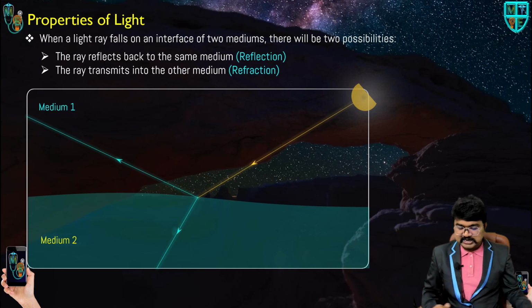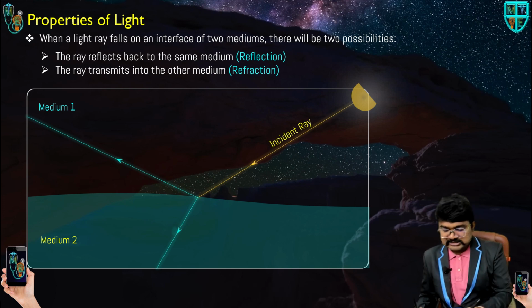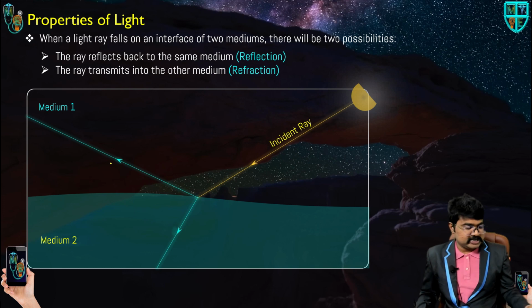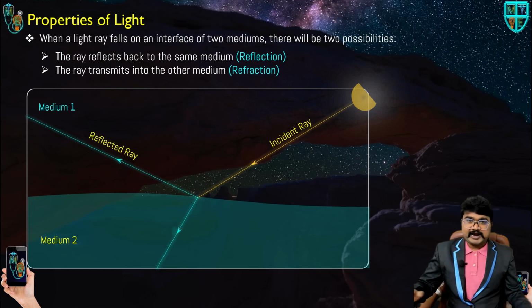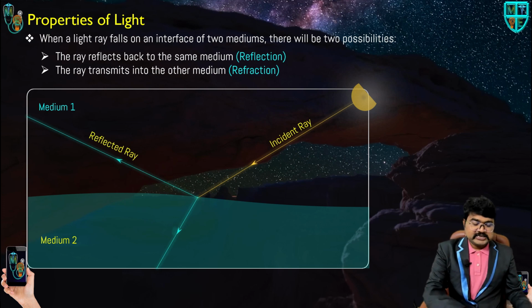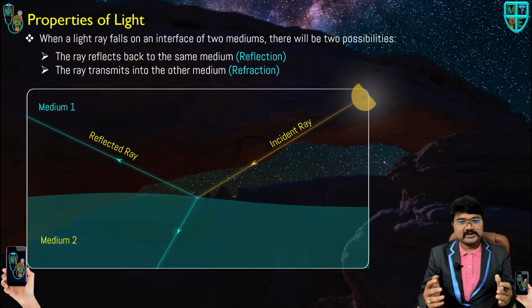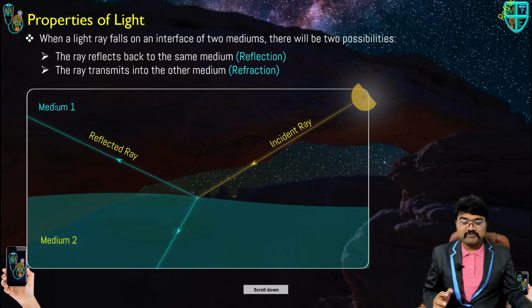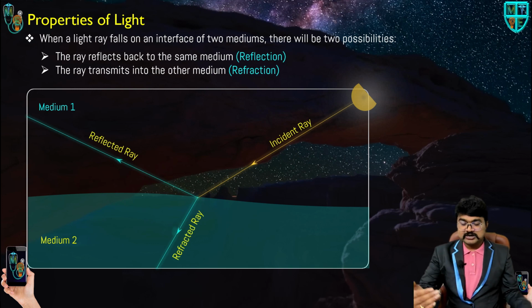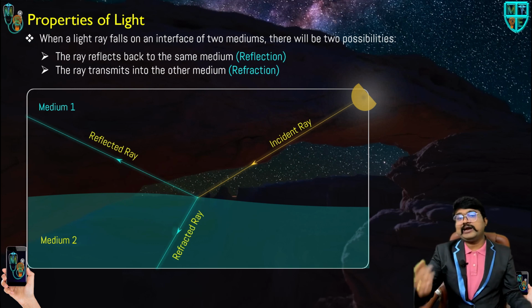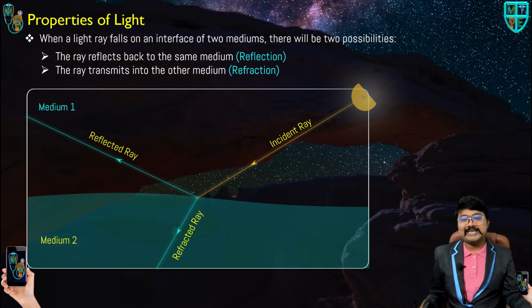Okay? So this particular incident ray, the reflected ray is back in the same medium. Incident ray and reflected ray are both in the same medium. But the refracted ray is transmitted into the other medium.